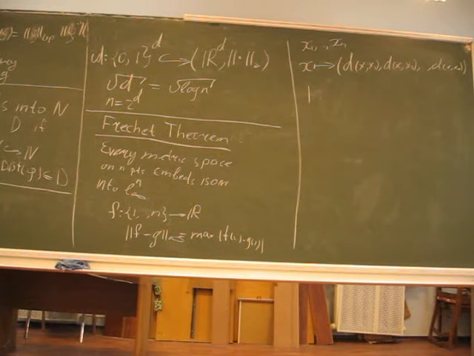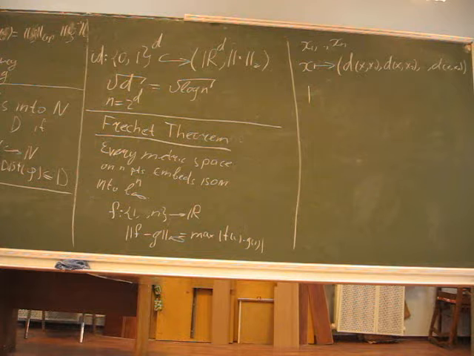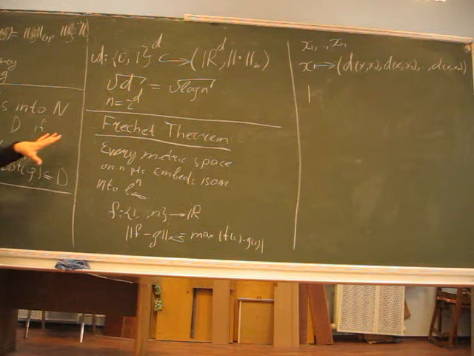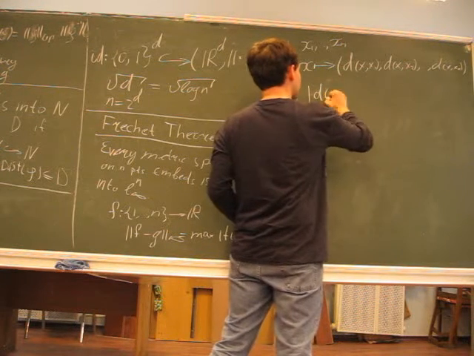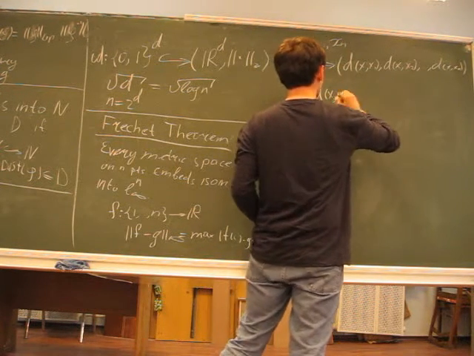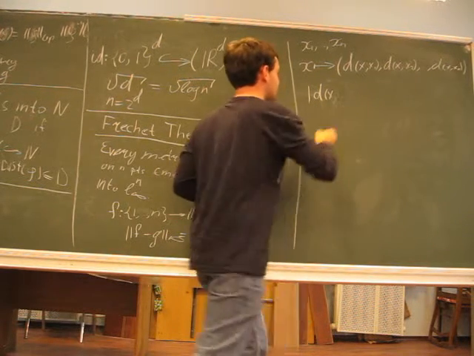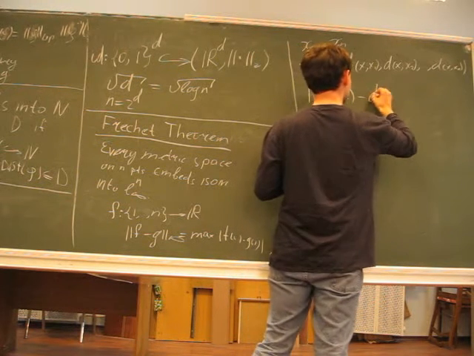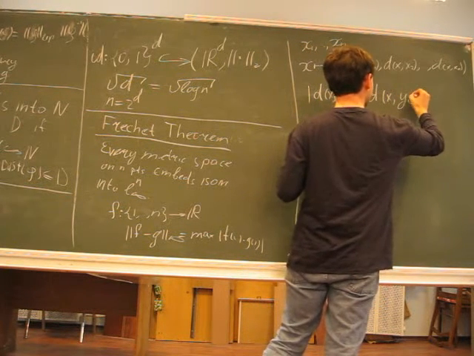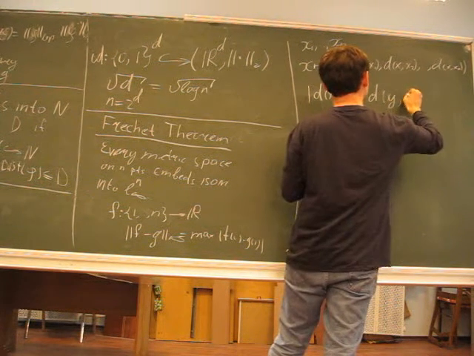Maybe I'll do this slowly. This is a simple example, but we will need the same idea in another situation. So if we compare coordinates of the images of x and y, then we have the distance between x and xi minus the distance between y and xi.